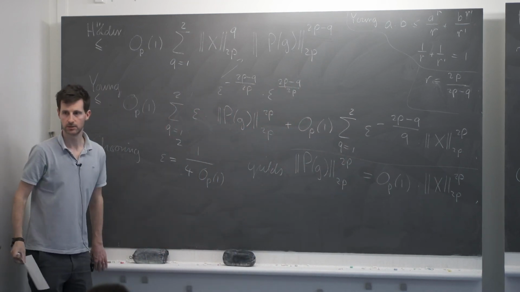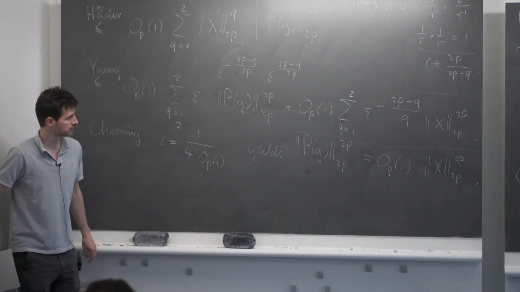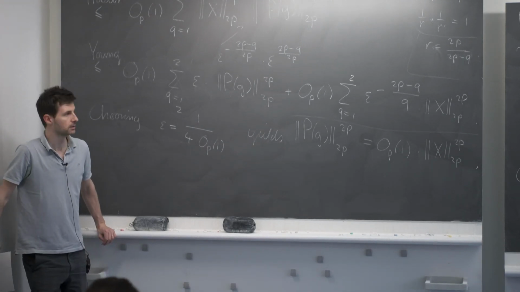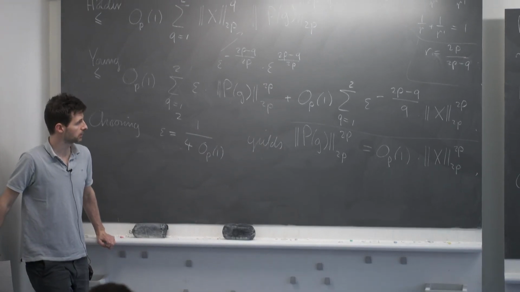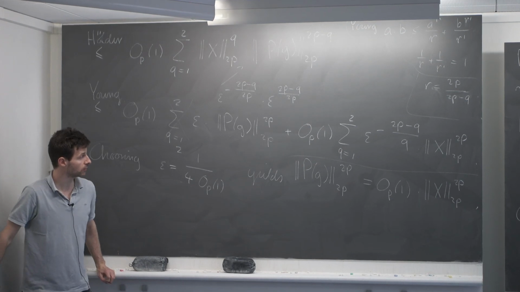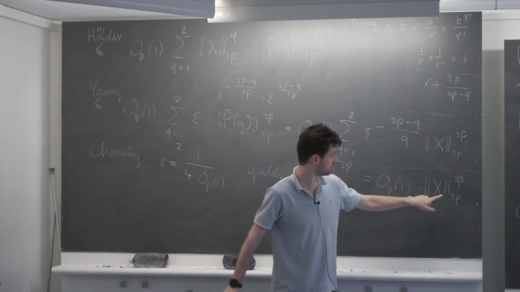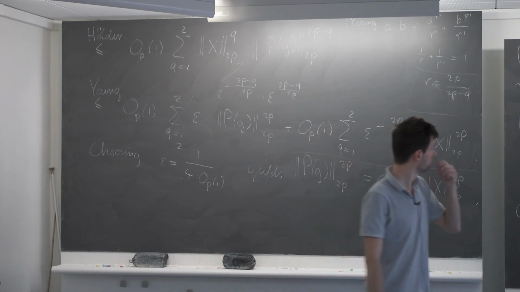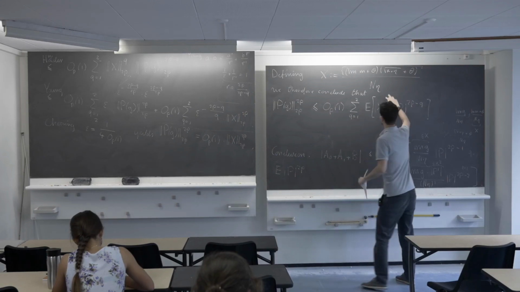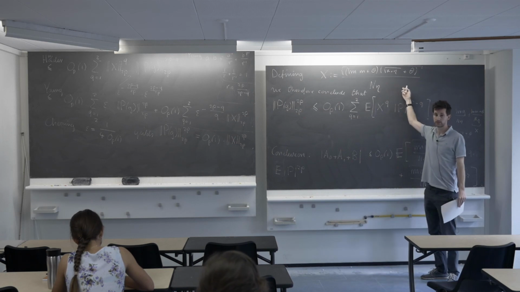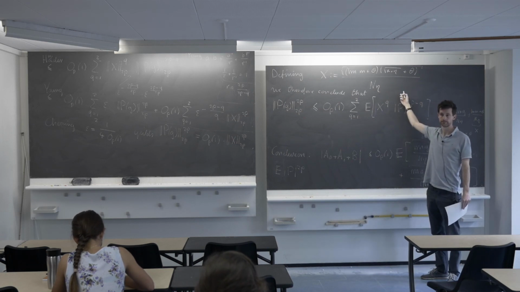This is the conclusion of all of these estimates, and that's what we were aiming for. We've managed to estimate the L2p norm, a high norm of this polynomial P, in terms of the corresponding high Lp norm of this error parameter, which is still random, but very explicit and manifestly small.